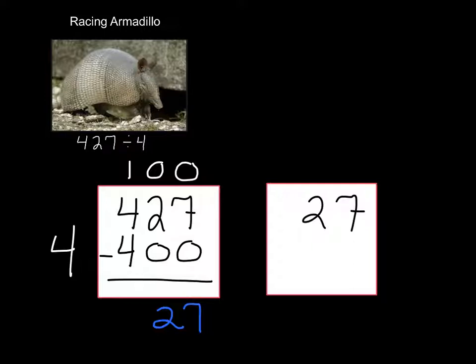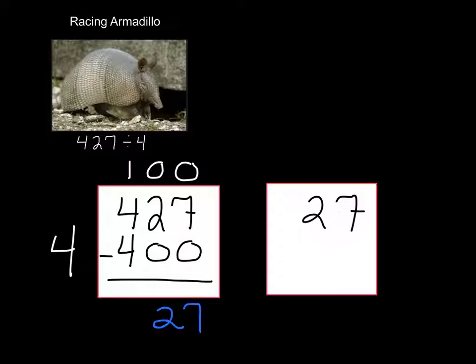And now I've got to ask how many times can I put 4 into 27, right? I want to fill this box with the units of 4. Actually that would be stated as I want to multiply 4 by some number to give me square units that would cover up as close to 27 as possible.